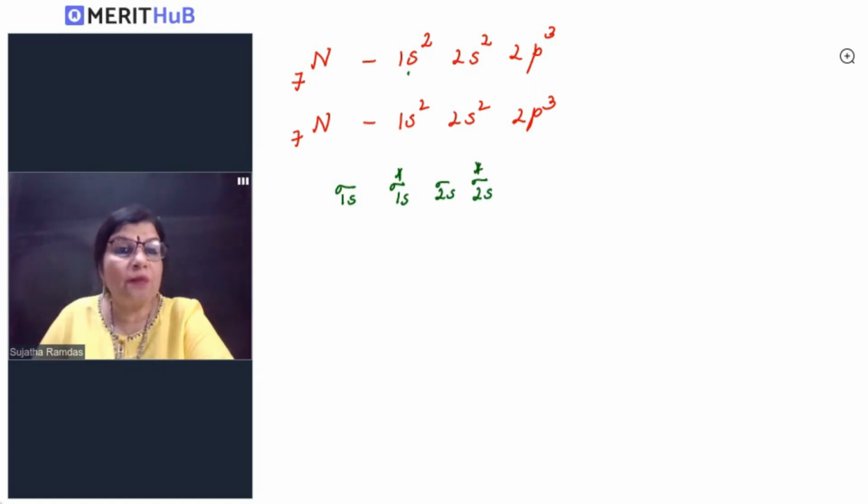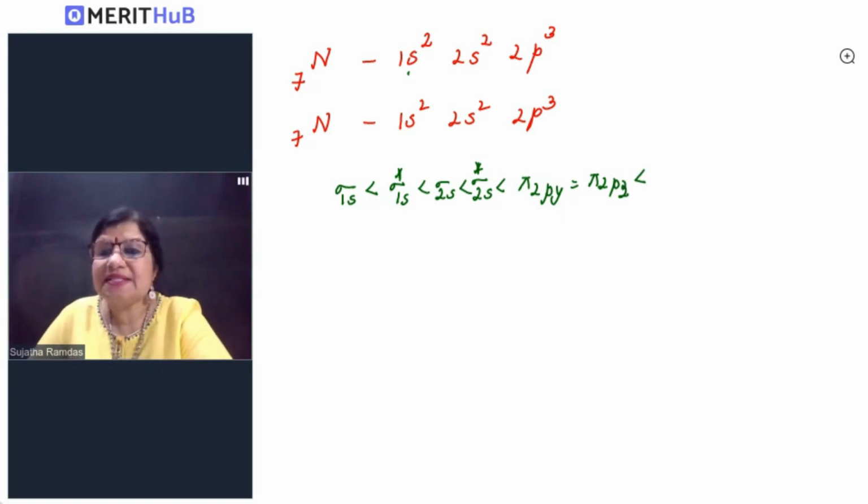Now when the 2p orbitals overlap, the molecular orbitals are in this order: pi 2py is equal to pi 2pz. These 2 are degenerate orbitals, of the same energy. Then comes sigma 2px.